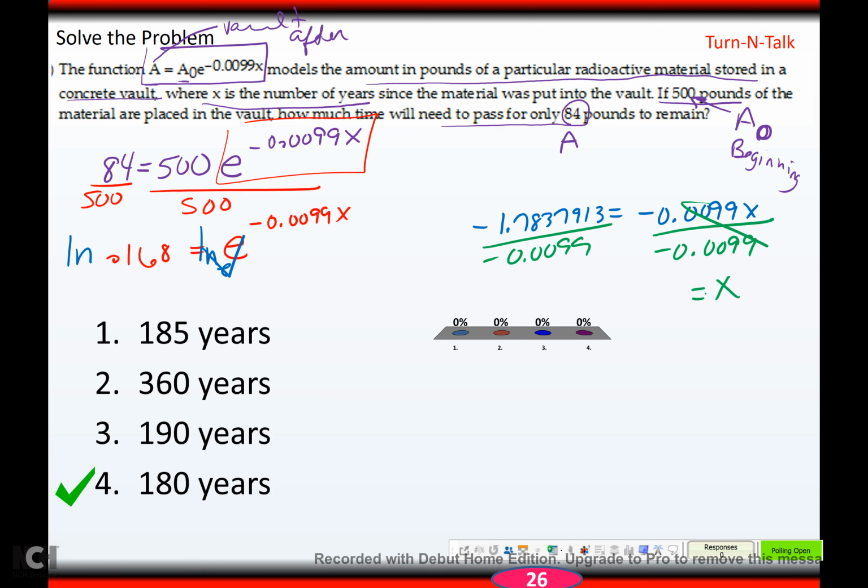That cancels, and x equals 180.18093994. If I round to the nearest year, the 1 won't do anything, so x equals 180 years.